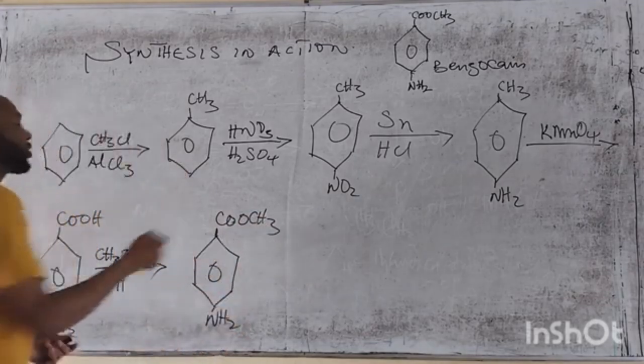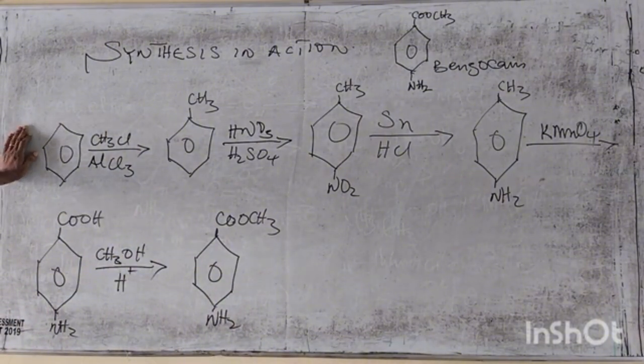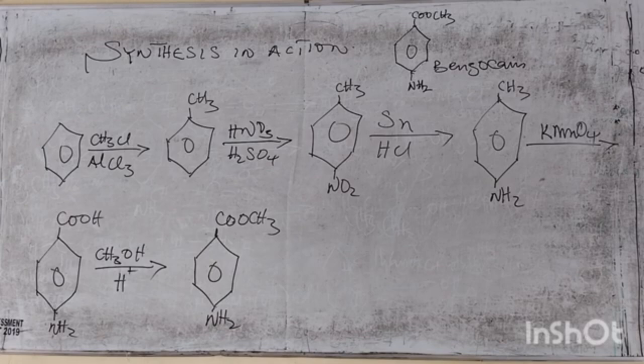This is my benzocaine. So it is important that if we do not know our electrophilic substitution reactions, and also know which of them is meta-directing or para-directing, or ortho, definitely we can't start, we can't even think of it. So the more reason why I have to start with electrophilic substitution reaction.